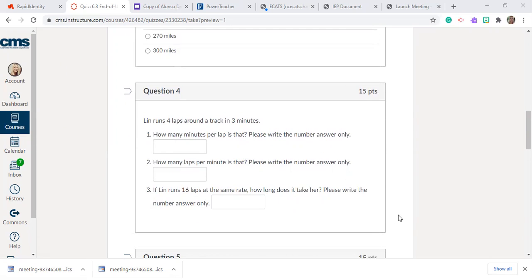Question number 4. Lynn runs 4 laps around the track in 3 minutes. How many minutes per lap is that? Please write the number answer only.